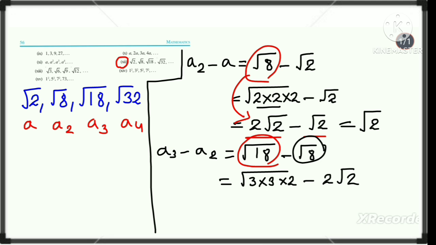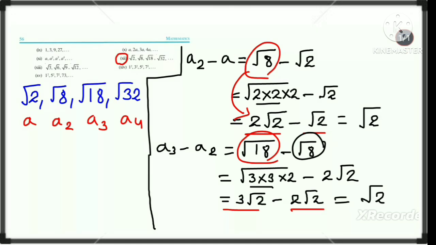Now this 3 has a pair, so it can be taken out, 3, and here remains root over 2 minus 2 root over 2. And here 3 root 2, and here is 2 root 2. And after subtracting, we obtain difference between a3 and a2 is 1 root 2, that is root over 2.